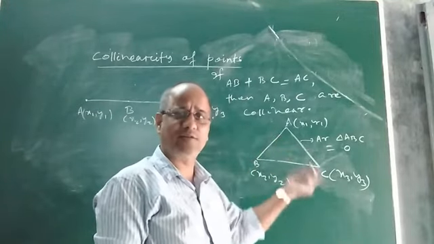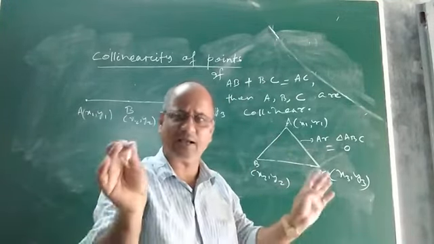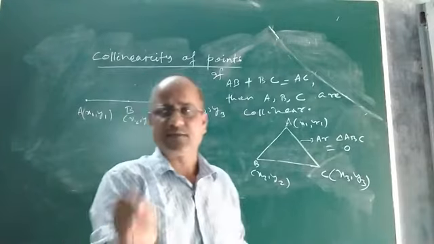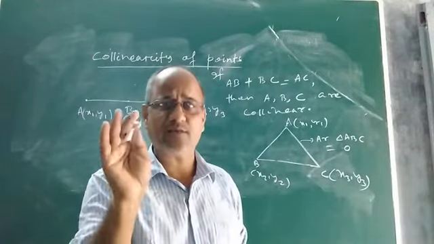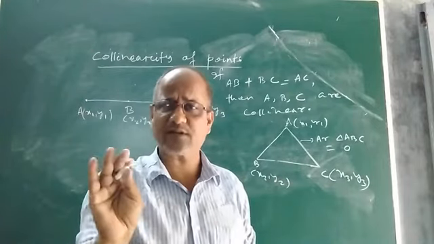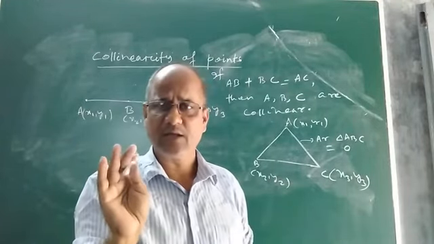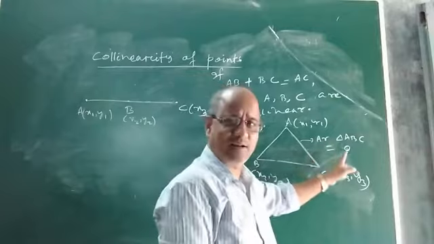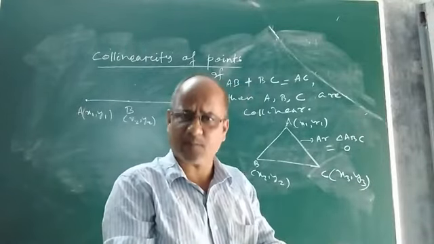Just imagine. If the area of a triangle is 0, it means there is no triangle at all, because there is no such triangle whose area will be 0. If the area of a triangle is 0, that means the triangle is not possible.